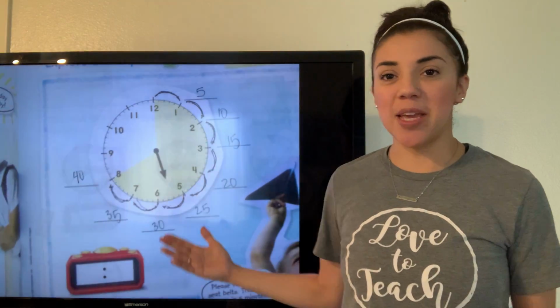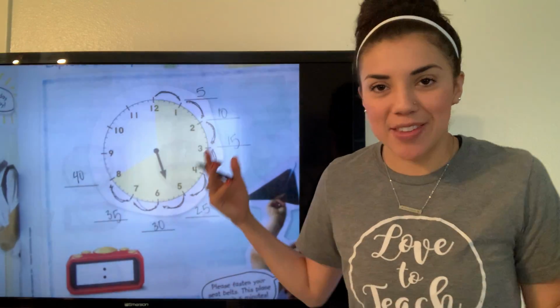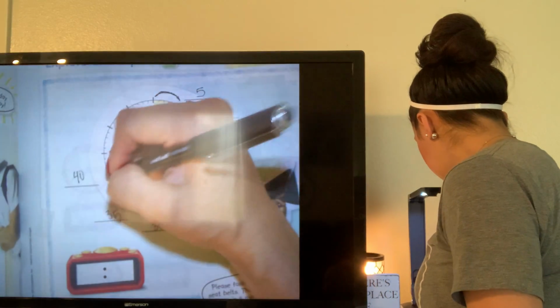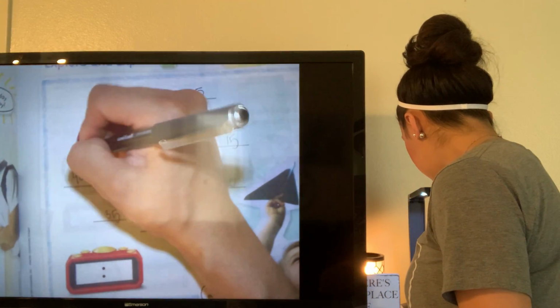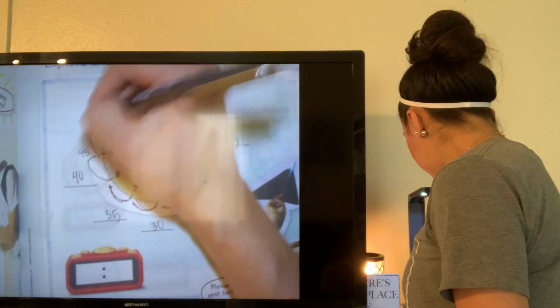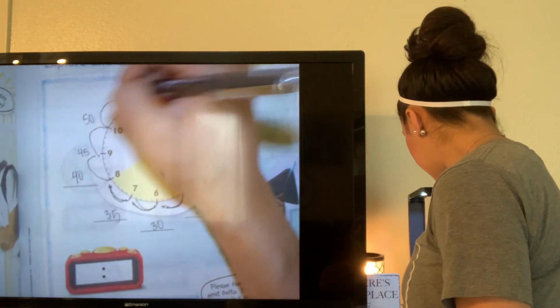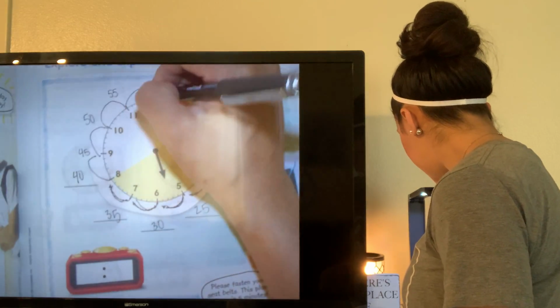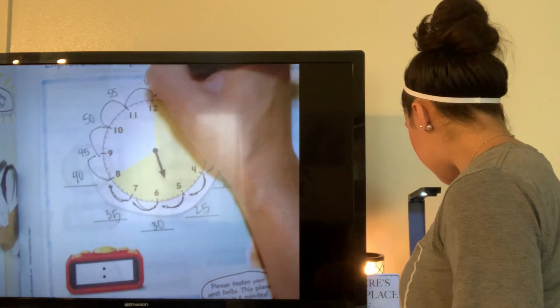And obviously we can keep going, so let's keep going for the sake of it. 40, this would be 45, 50, 55, and 60. So that's 60 minutes.